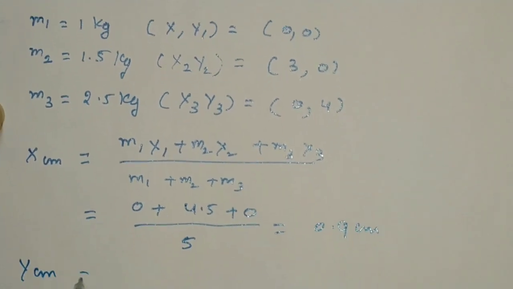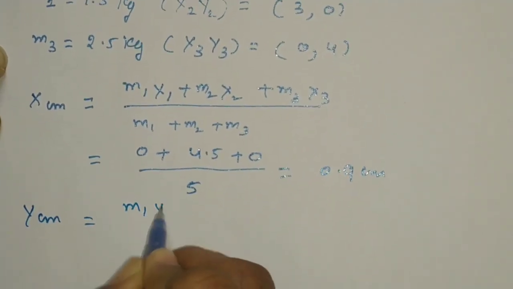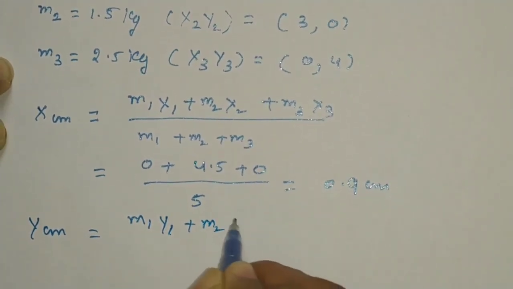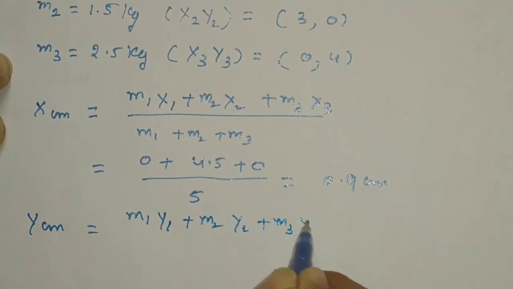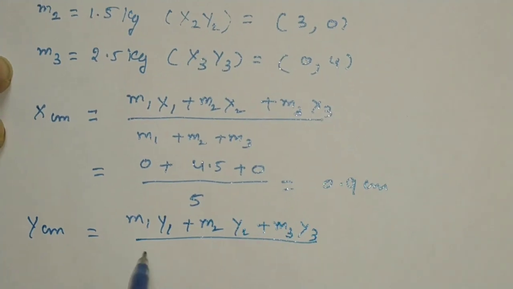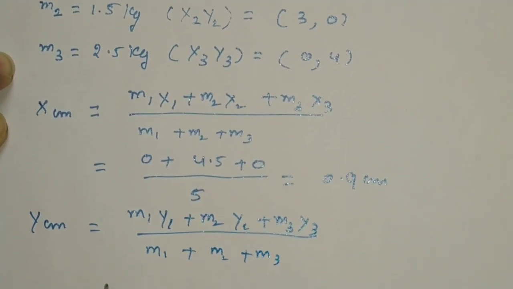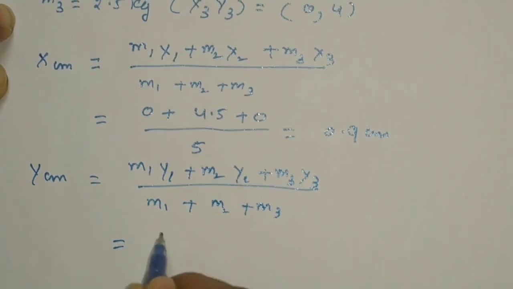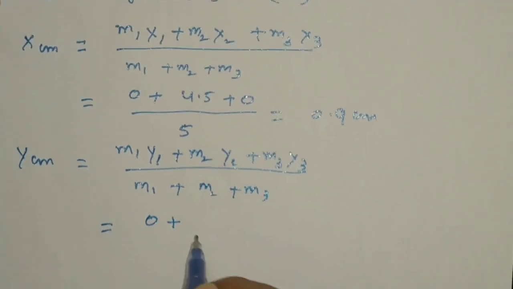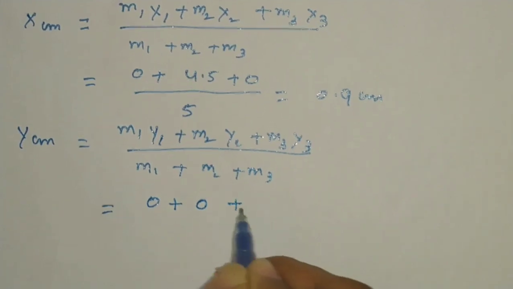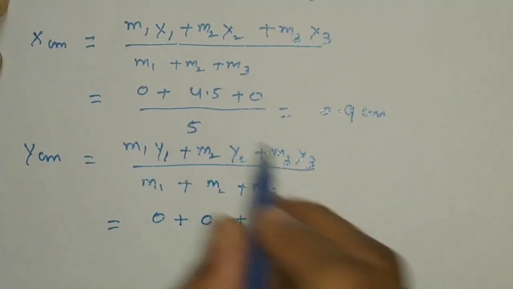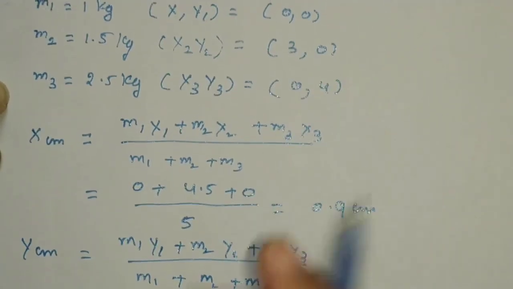Similarly, the ycm formula is m1 y1 plus m2 y2 plus m3 y3 divided by m1 plus m2 plus m3. That is equal to m1 y1 which is 0, m2 y2 which is 0, plus m3 y3, 2.5 into 4, divided by 5.